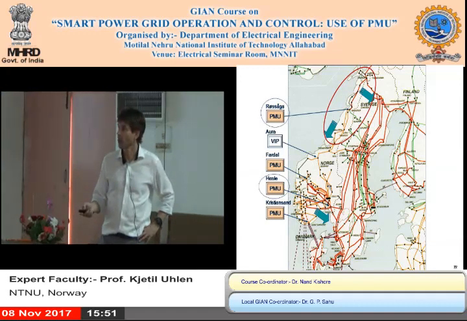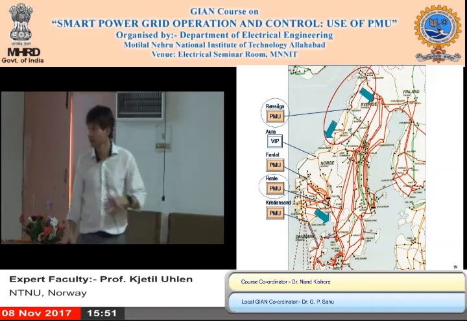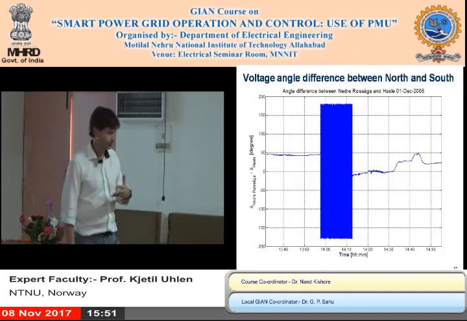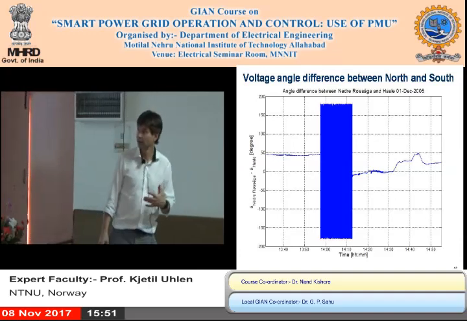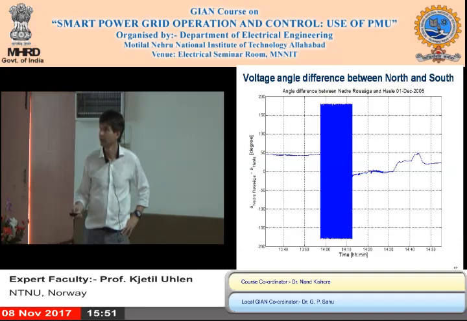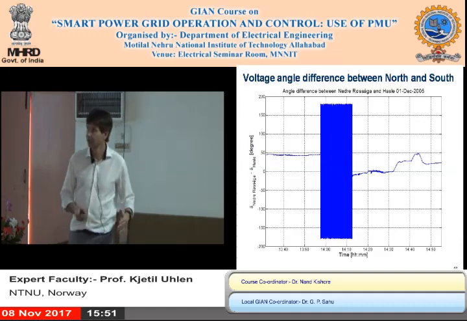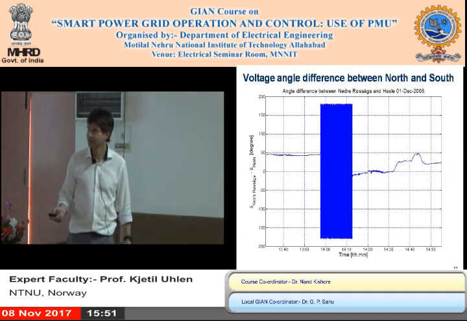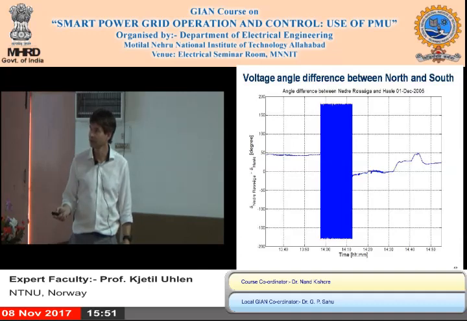First of all, it's not easy for the operator to see that you have had an islanding of the grid. But if you look at the voltage angle differences between the station up here and the station down here, you see that this is a very clear indication of a grid separation. There's no doubt, and this can be detected in a fraction of a second, that you have an islanding.